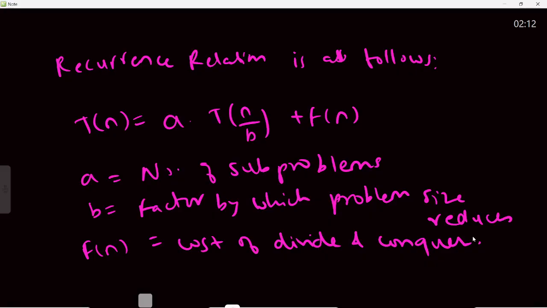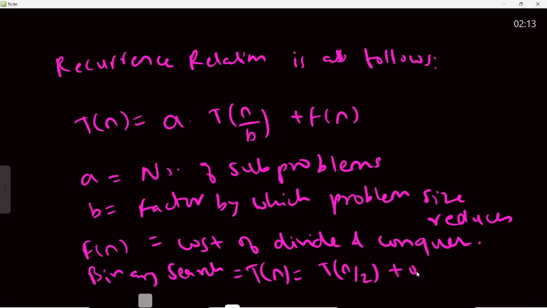Now its best example is binary search. The recurrence relation of binary search is T of n equal to T of n by 2 plus order of 1. So what does this mean? The number of subproblems will be 1.